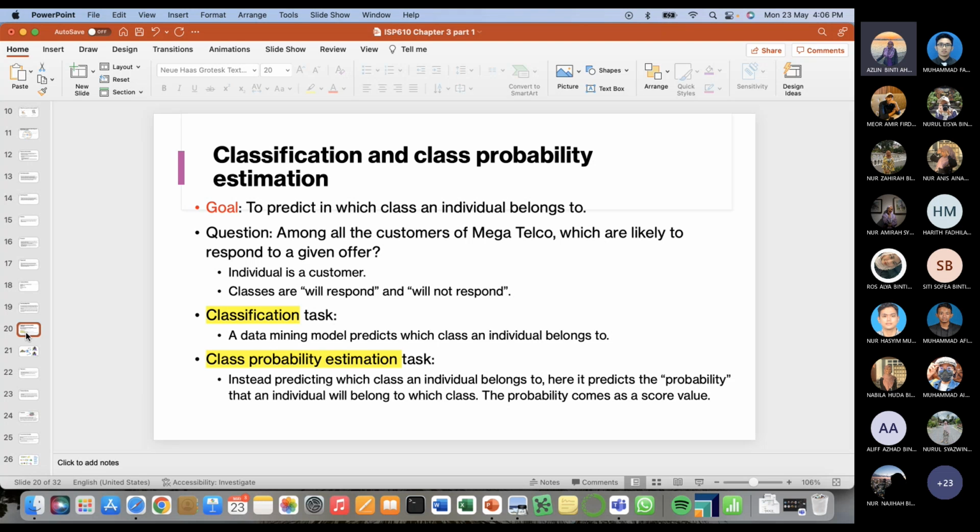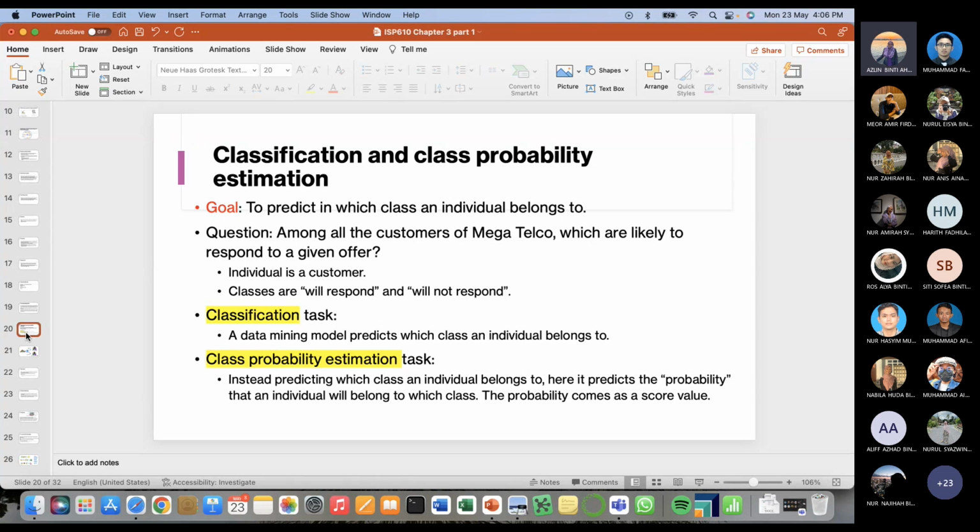So the classification task here is you need to use data mining models to predict which class an individual belongs to. We have to do a classification, yes or no. Yes if the customer is willing to respond to the offer, and no if the customer is not willing to respond to the offer.